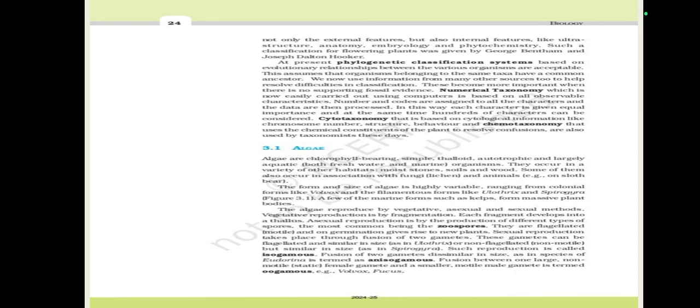Algae are chlorophyll-bearing, simple, thalloid, autotrophic, and largely aquatic, both freshwater and marine, organisms. They occur in a variety of other habitats: moist stones, soils, and wood.